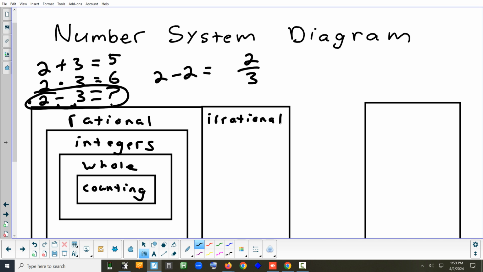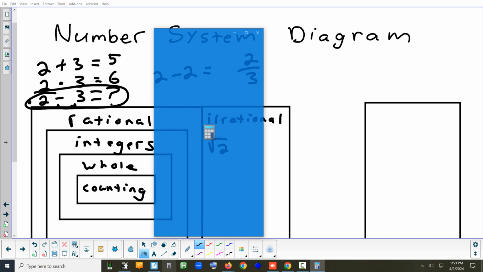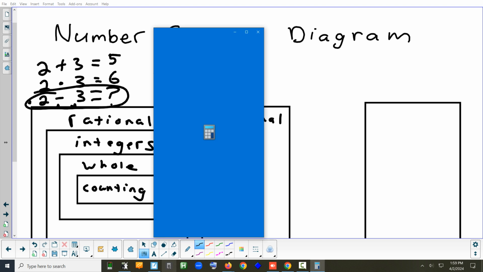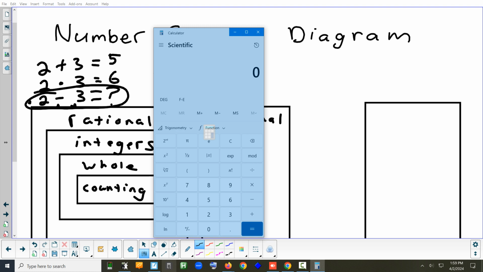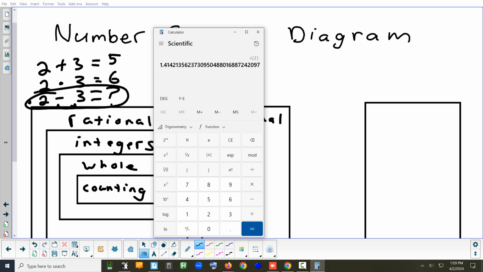Once you get into irrational numbers, now we're starting to get more theoretical. Irrational numbers are numbers like the square root of 2. For most purposes, if you had a calculation that involved the square root of 2, you're just going to round it. Most people are not going to show you all the decimal places, as much as they can.